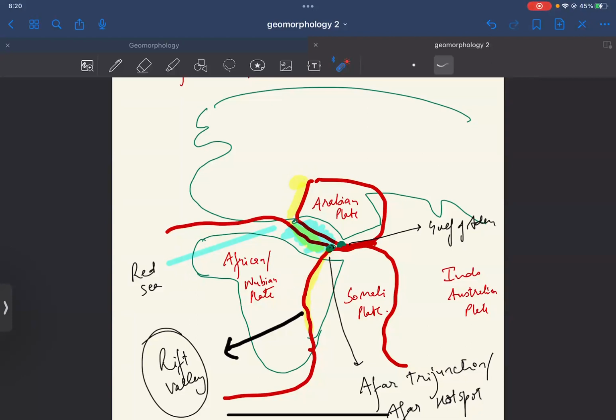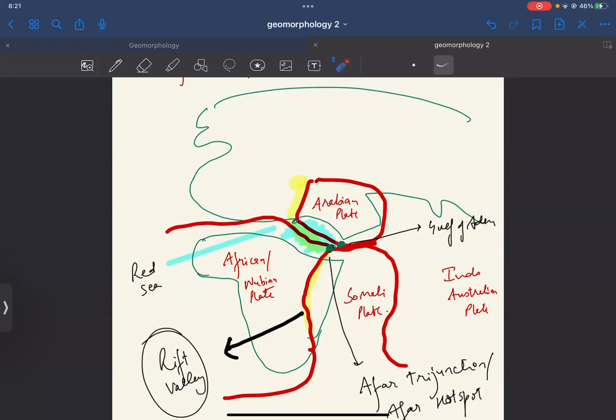Just keep this in mind. Then because of this, we have one famous volcano, Mount Kilimanjaro. You need to remember this.